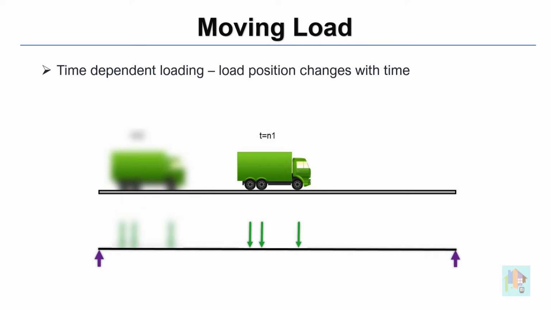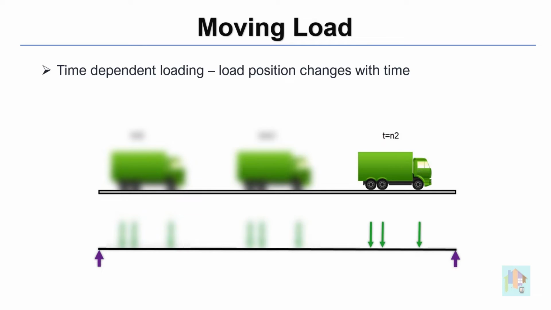Then over time, it proceeds to the other end. And finally, at t equals n second, it completely crosses the structure and the applied load intensity is back to 0. So over time, the position of the load changes, though the load intensity remains the same at all points.